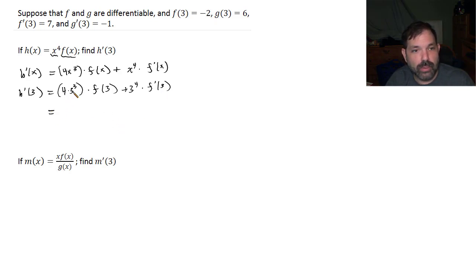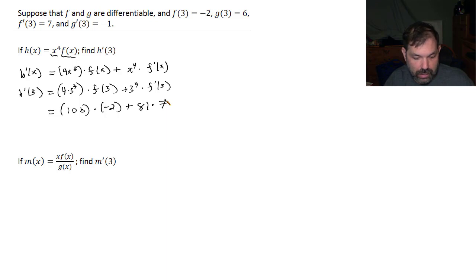So let's see, 4 times 3 to the third, that's 4 times 27. Let me use a calculator here because I don't feel like doing that arithmetic in my head. 4 times 3 to the third, that's 108. F of 3 is negative 2. 3 to the fourth is 81. And f prime of 3 is 7.